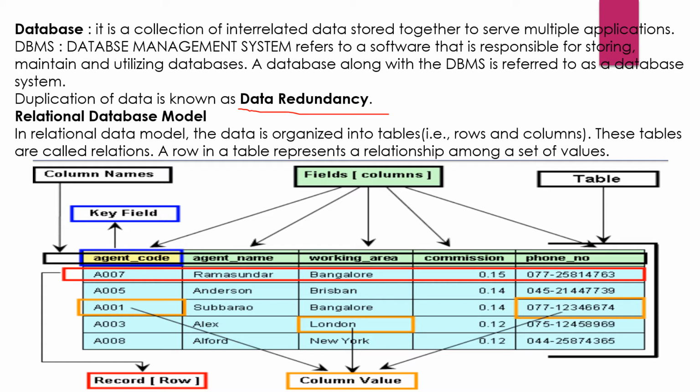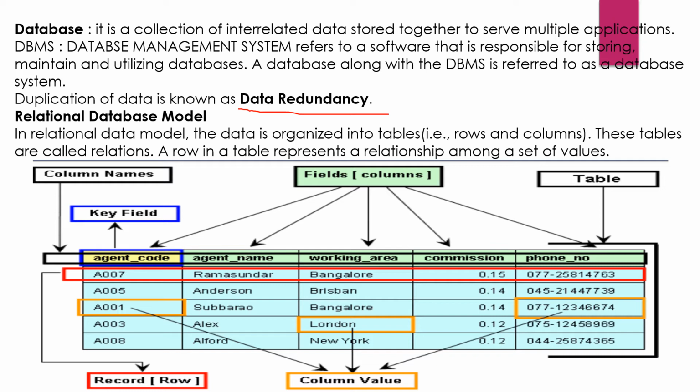Degree of table means the number of columns. These are the column names. A row is a complete row from agent code to the phone number. Column values are the values stored in the respective columns. The complete rows and columns form a table.